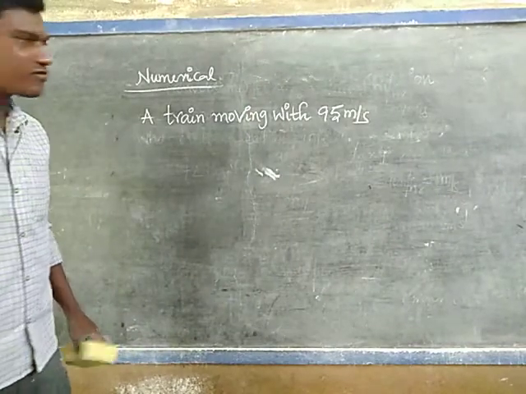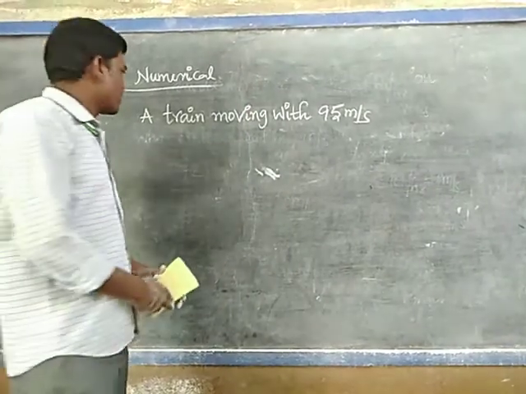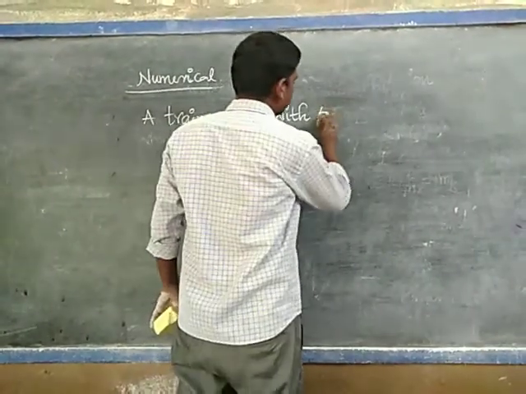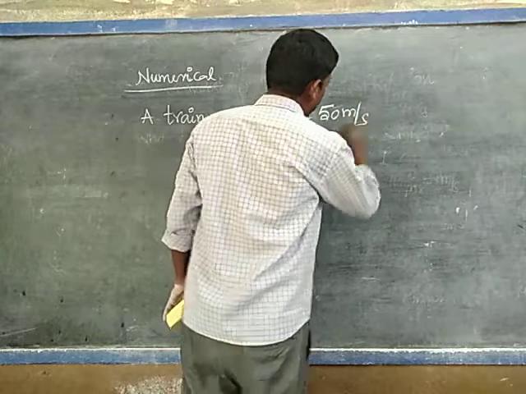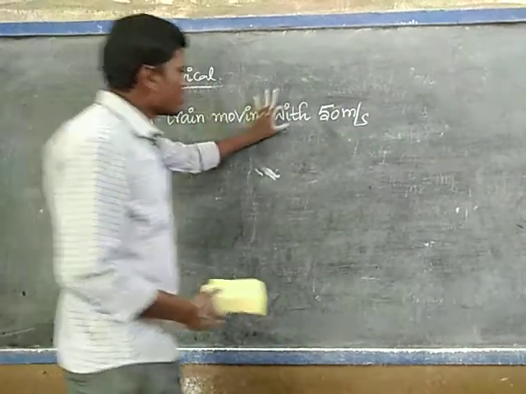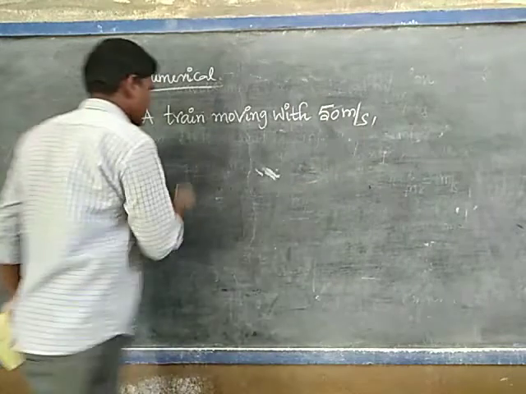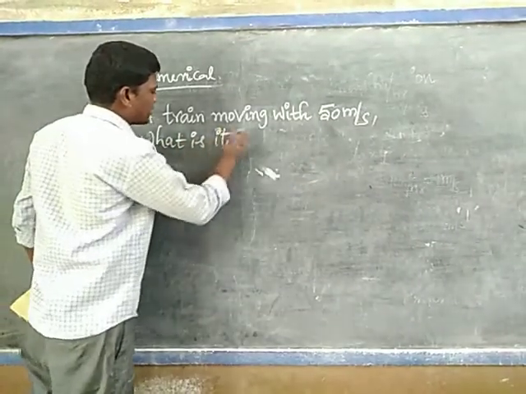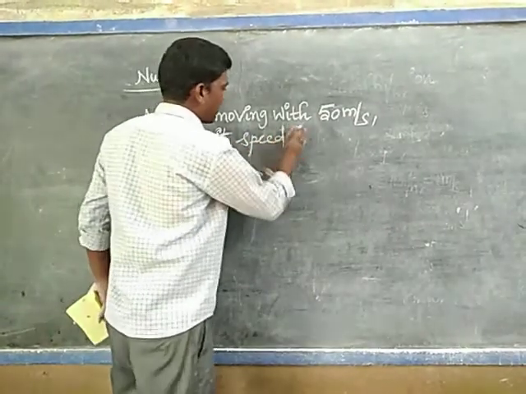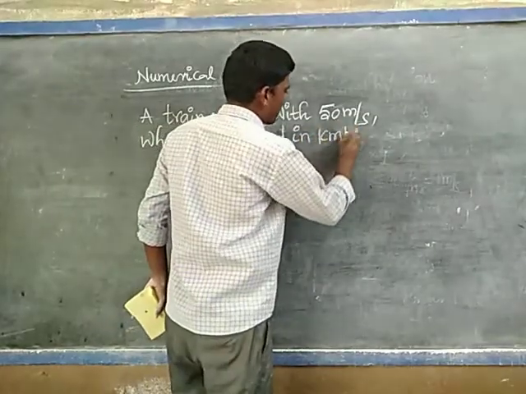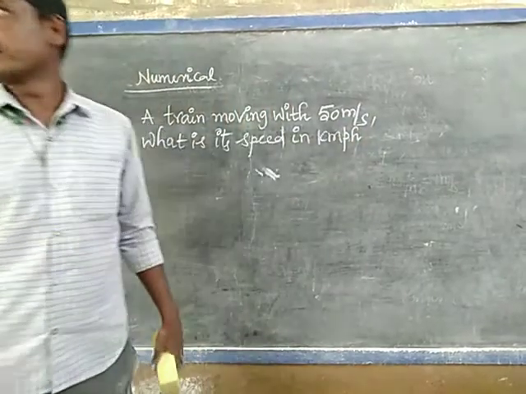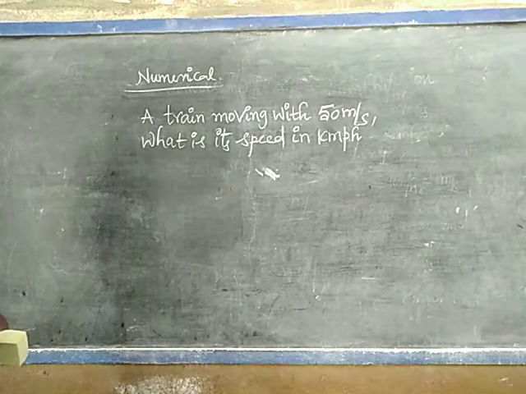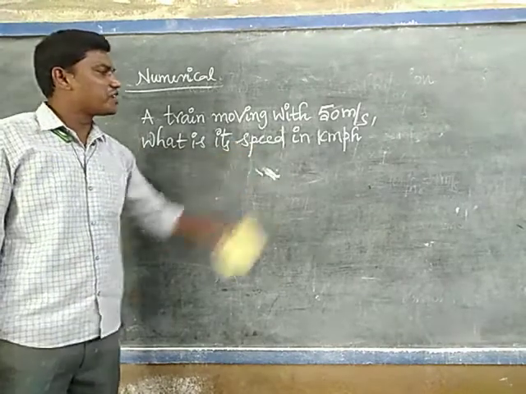Just for understanding, that much speed is not possible. So simply I can say 50 meters per second. Listen very carefully. A train moving with 50 meters per second. What is its speed in kilometers per hour?